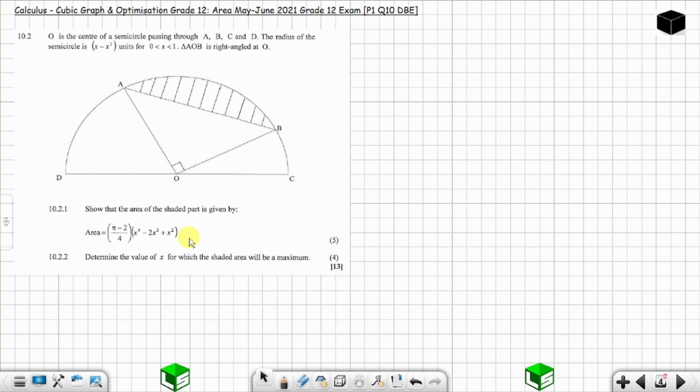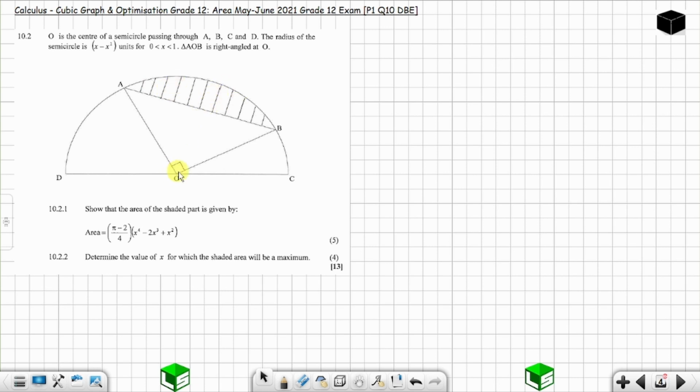So the way to solve this question, you can see you have this shape which is a sector, and you have this shape which is a right triangle. So you can get the area of the sector first and then you subtract the area of the triangle and you are going to remain with this.